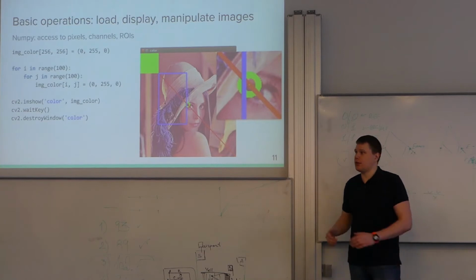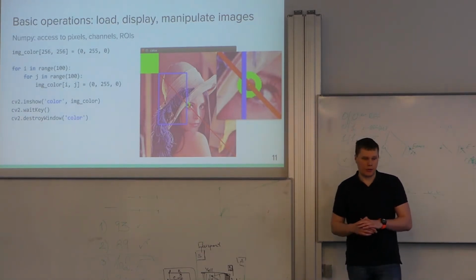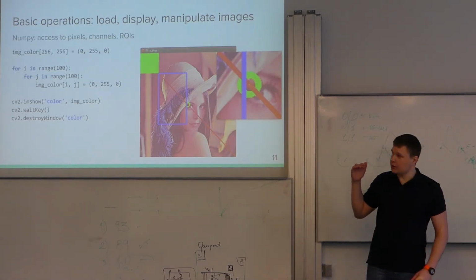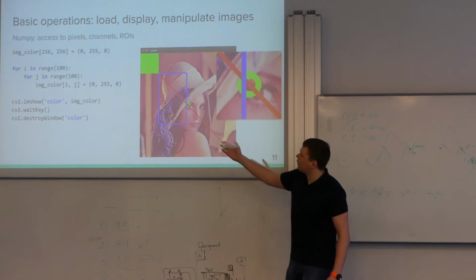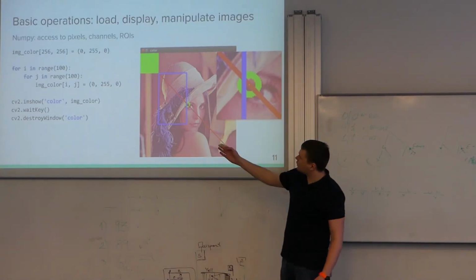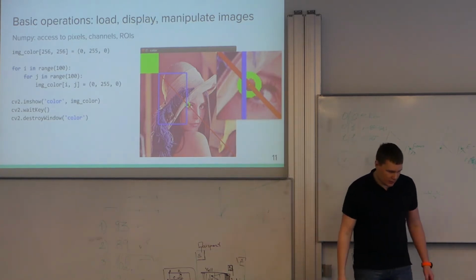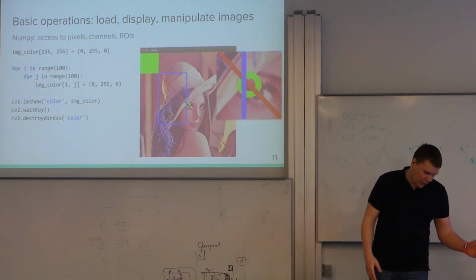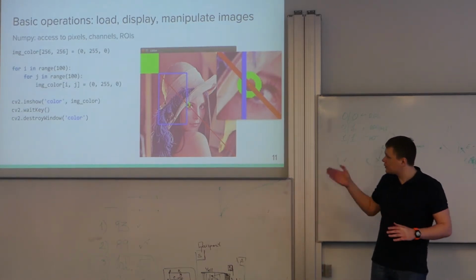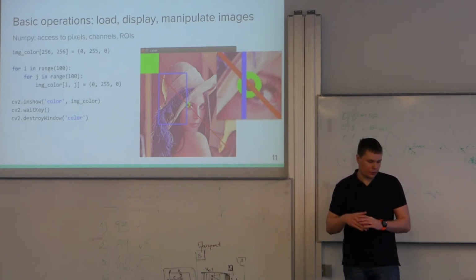How to access pixels and other things with numpy. We can directly access any value, like we want to set our central pixel to green. As you can see, we have succeeded. Also, we can access pixels in a for loop.